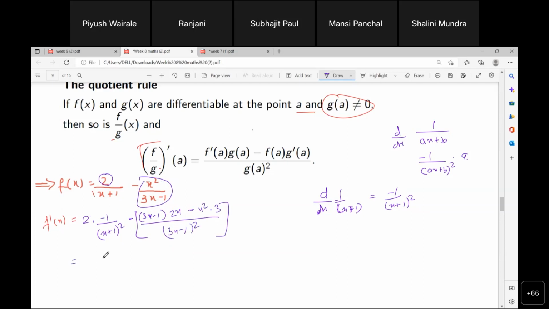So what I will get at the end is minus 2 upon x plus 1 whole square, minus 2x(3x minus 1) minus 3x square upon 3x minus 1 whole square. Right? This is how we apply the quotient rule. Okay. Any doubt in this part? No, sir.